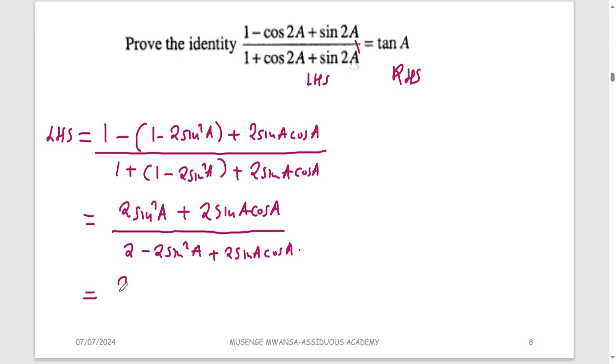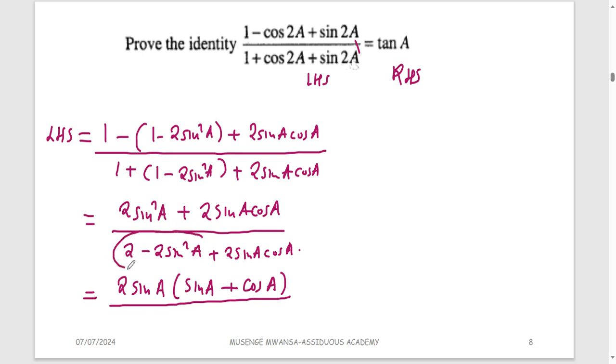So I'm going to factorize out a 2 sin A, and then here there was sin squared, so 1 sin A will remain. And then here we had 2 sin A cos A, so only cos A is going to remain like that. And then down, because I am a person that will not give up, even if it looks a bit hard, what am I going to do?